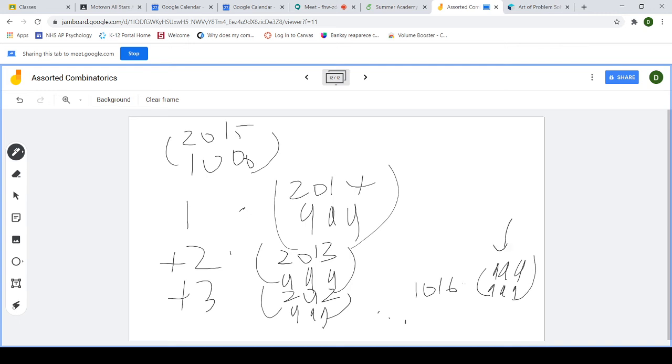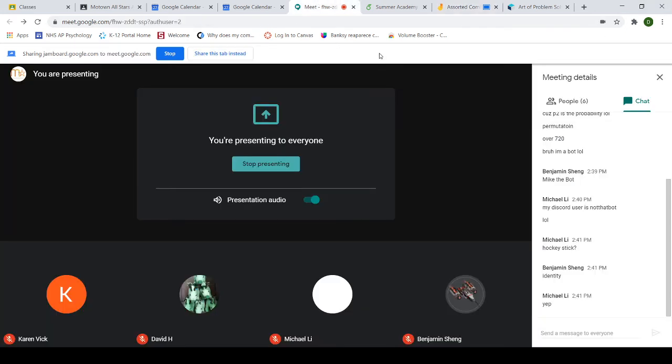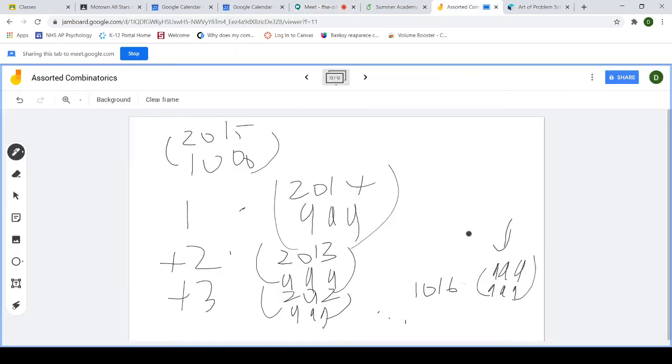And there's 999 choose 999 ways to have 1016 as least element. This is just what happens when you choose the largest 1000 elements. Of course, I've only listed number of cases, so I have to take over 2015 choose 999 to get the total number of cases. But I'm going to divide by 2015 choose 999 at the very end.